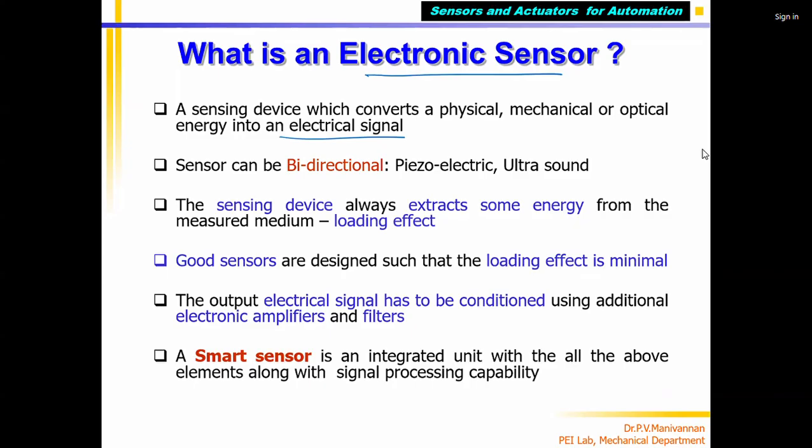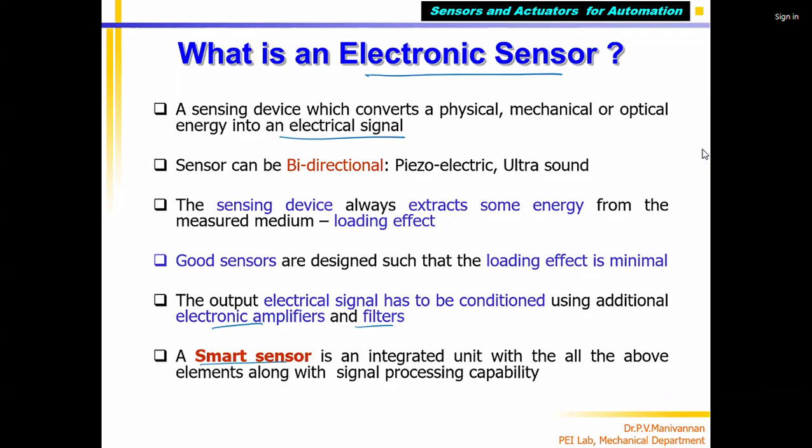Loading should be minimal. Then we need to have the signal conditioner like an amplifier and filter so that the sensor signal is properly amplified, noise is removed, and converted into a quantity which can be shown on the display. It can be an analog meter or otherwise. So the modern sensor we call a smart sensor, which integrates everything: sensor, amplifier, noise filter, ADC, and also the microprocessor.